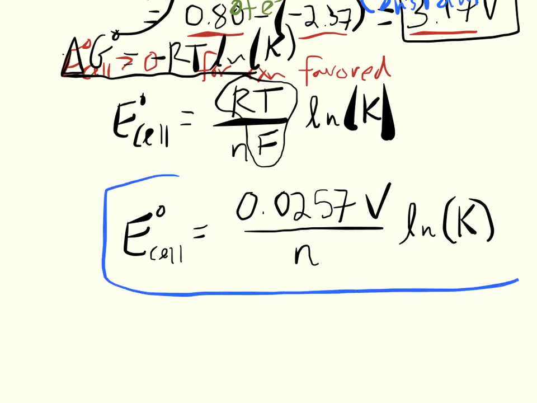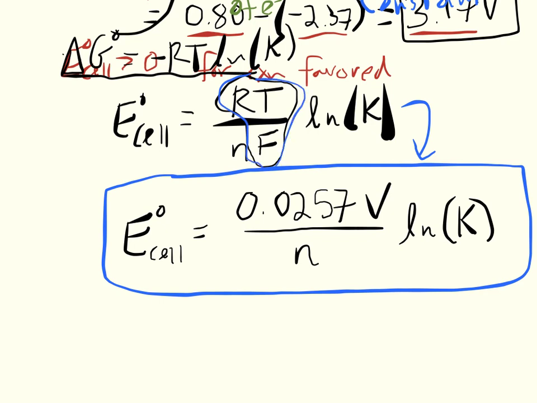Okay. So this is the third equation you need to be able to walk away with, again derived from the one up above, where these values, since they're constants, are just plugged in. Now we can relate delta G, the free energy, K, the equilibrium constant, and the standard reduction potential of a cell all together to predict whether or not a redox reaction would be thermodynamically favored.